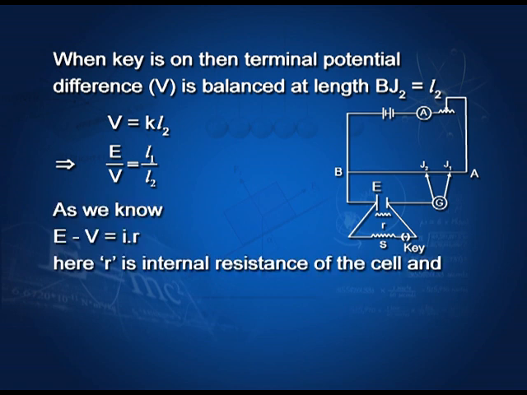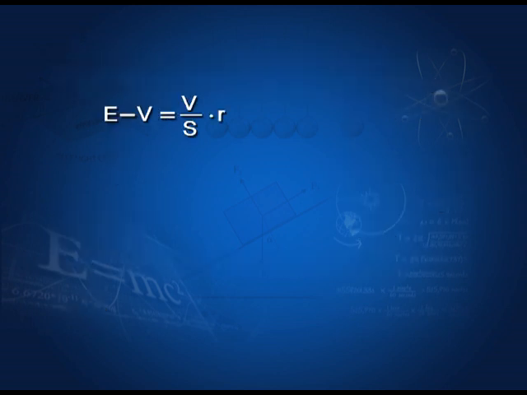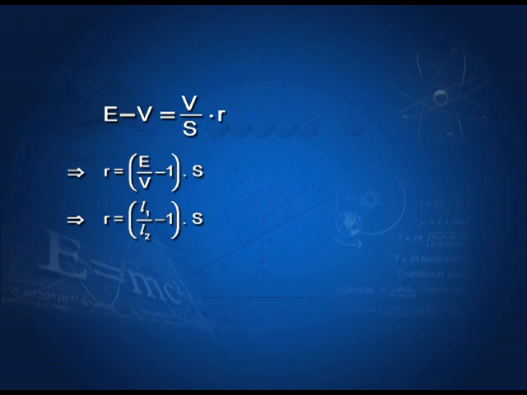Here small r is the resistance offered by the cell internally, and I equals V upon S. So, E minus V equals V upon S into r. That means r equals (E upon V minus 1) into S. Substituting the value of E upon V, we get small r, the internal resistance of the cell, equals (L1 upon L2 minus 1) into S.